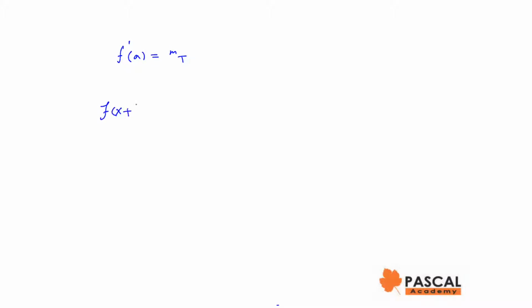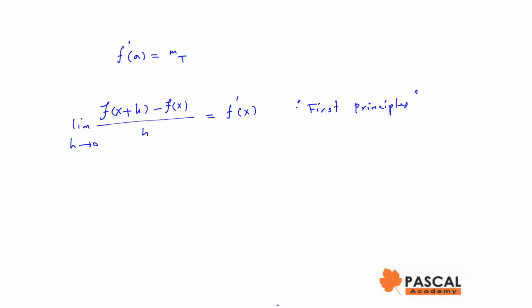The limit of f of x plus h minus f of x over h as h approaches 0 is a function of x. This function is called the derivative, and this definition is called the limit definition of the derivative. Some books refer to it as first principle.